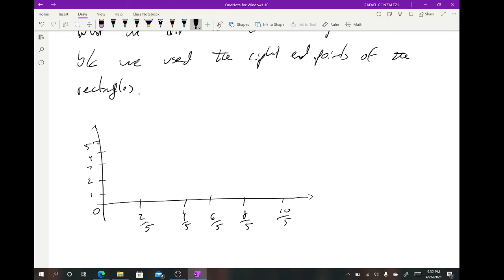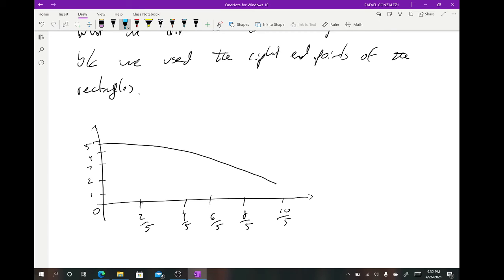And this kind of looks like this, again, not to scale. For a left sum now, what we're doing is focusing on the height of the rectangles being given by the left side of the interval.